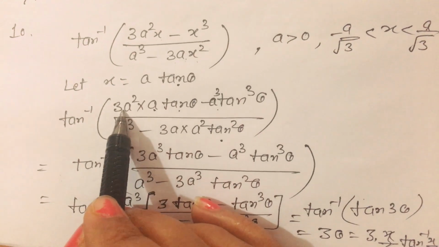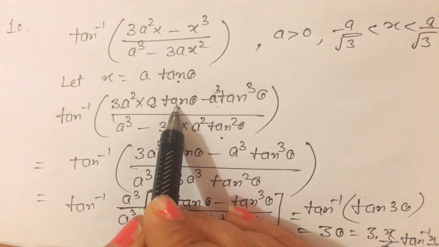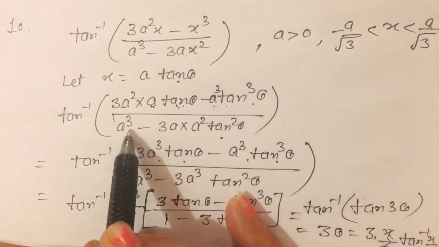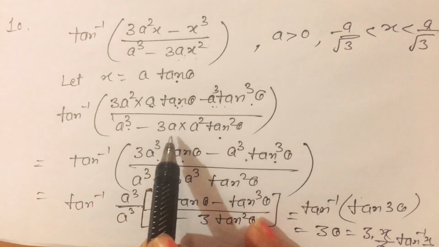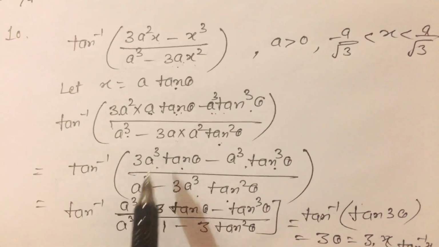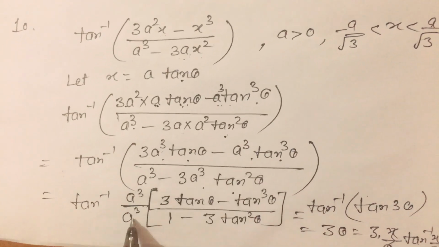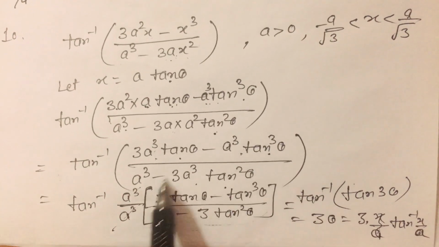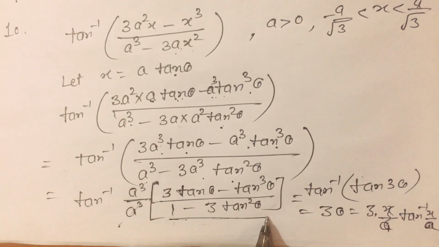So 3a cube tan theta minus a cube tan cube theta upon a cube minus 3a into a square, a cube tan square theta. Then a cube is common from numerator and denominator, we will cancel these. We will get the formula of tan 3 theta. This is the formula of tan 3 theta.